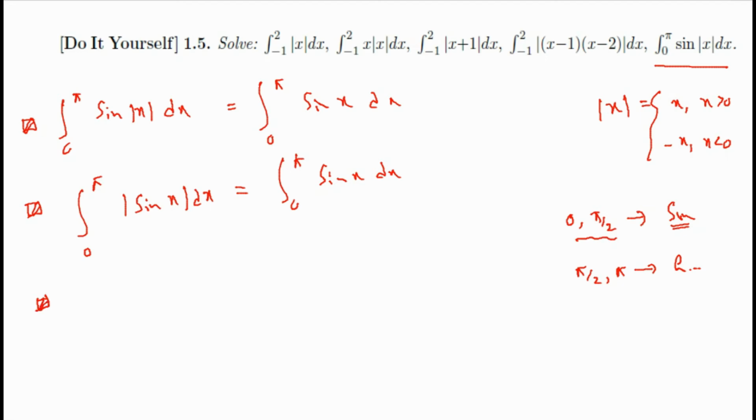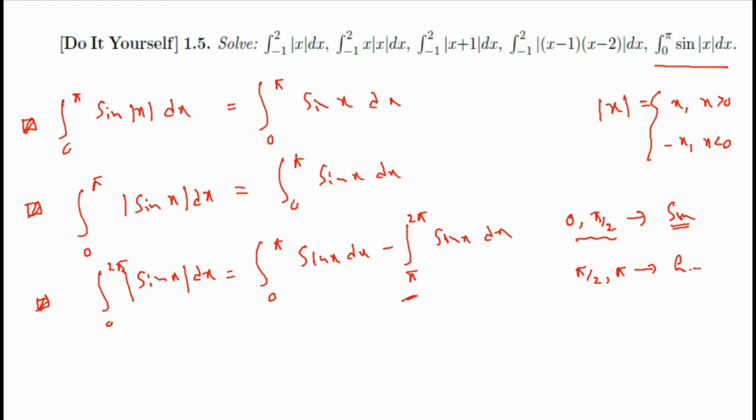Now instead of that, if this is 0 to 2 pi mod sine x dx, then 0 to pi sin x dx minus pi to 2 pi sin x dx, because from pi to 2 pi sin x is negative. So this is basically how to integrate mod functions. And if instead of sin there is a cos, just let me discuss 0 to 2 pi mod cos x dx.